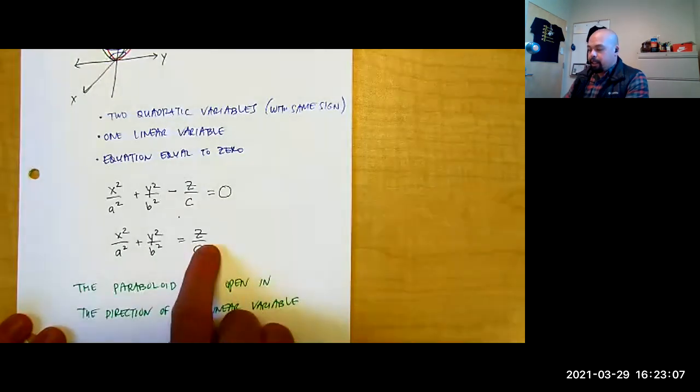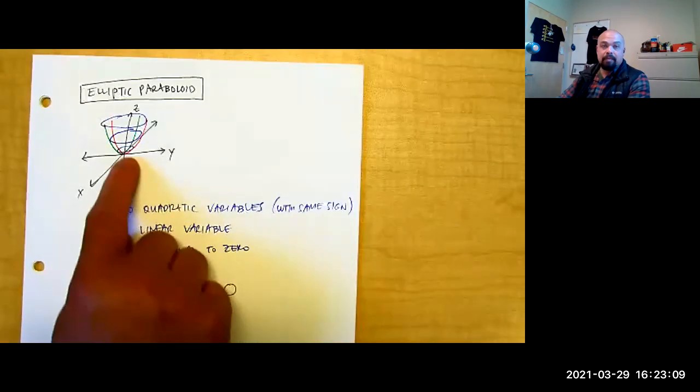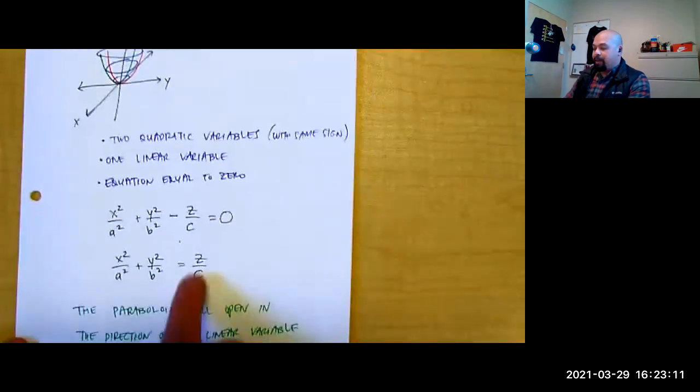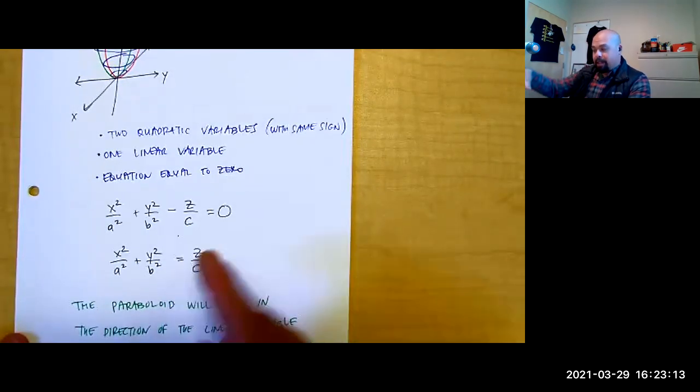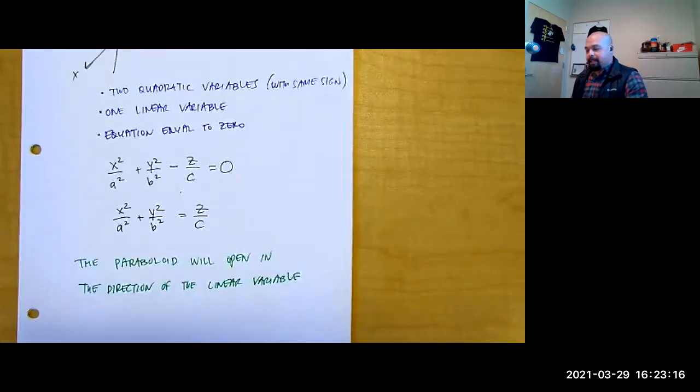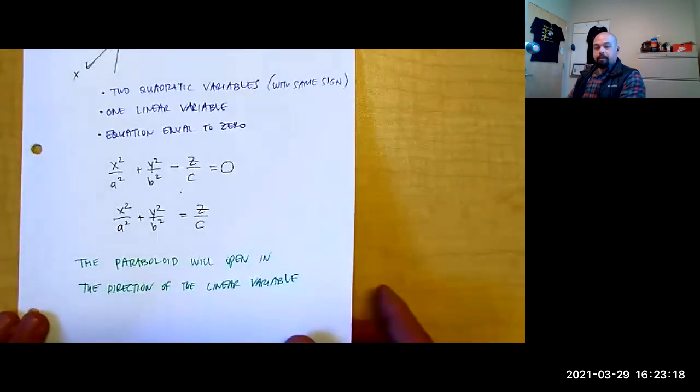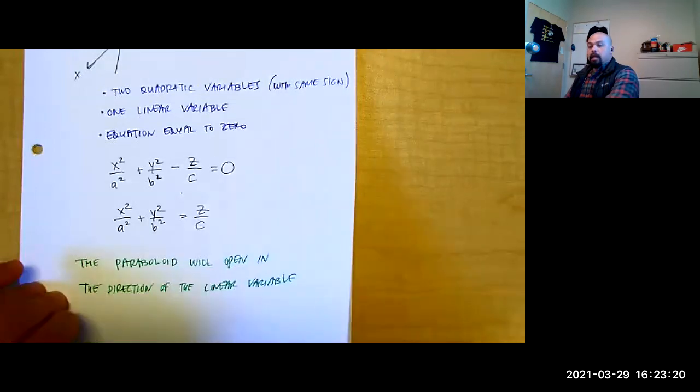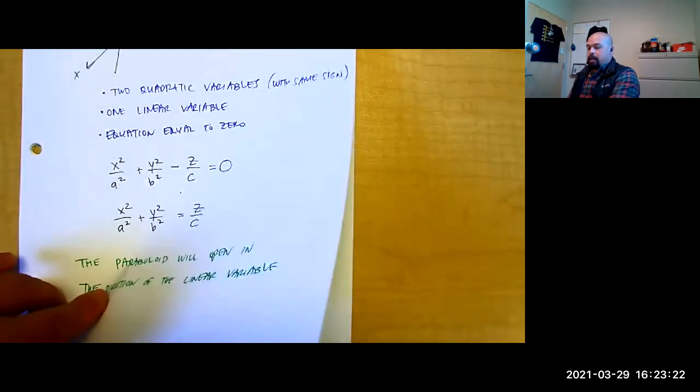All right, so the z is linear, so that's where it's opening in the positive z direction. Having a negative z, it'll be going downwards along the negative z axis, okay? And then lastly, the last figure that we'll address from that page, okay?